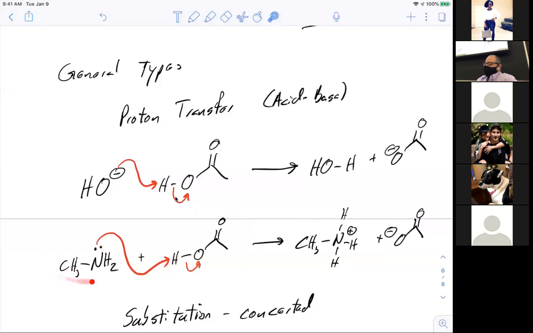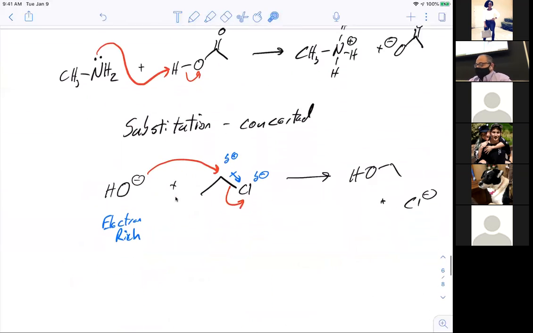What is that? Amino acid. If you have amino acid in a neutral solution, this is its form. It's actually the acetate and ammonium. So we'll get to that, but there are some energy differences here that aren't that obvious.